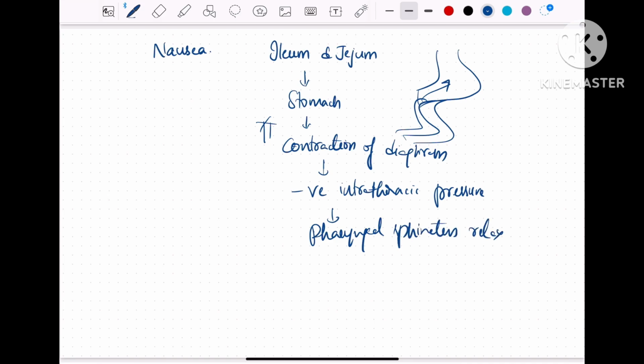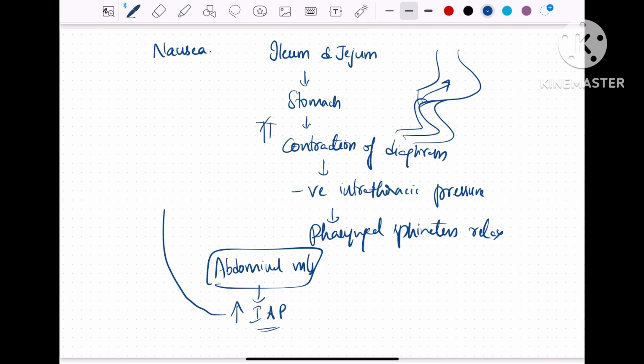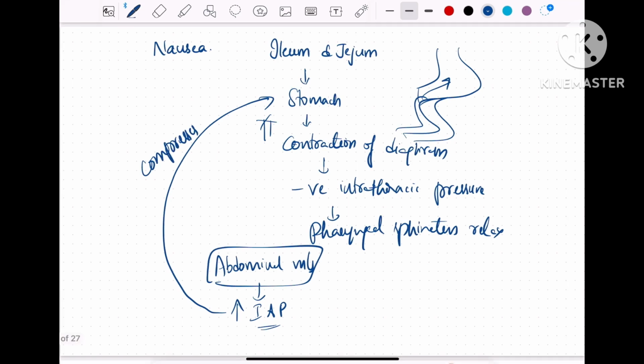At the same time, there will be contraction of the abdominal muscles. This causes a rise in intra-abdominal pressure. This raised intra-abdominal pressure compresses the stomach, which causes emesis. This is the highly orchestrated mechanism of emesis.